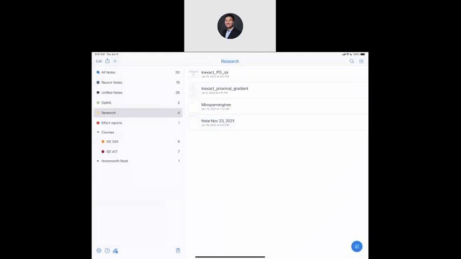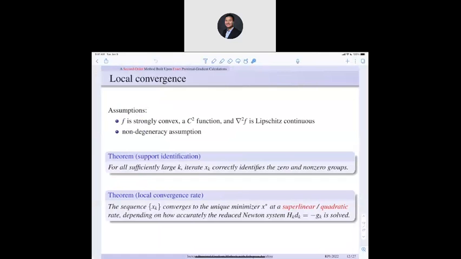That's what the support identification result is about. It says that for sufficiently large iteration k, our algorithm will generate an xk that correctly identifies the 0 and non-zero group structure. It is worth saying, though, that to get that result, we do need to make a non-degeneracy assumption, but these assumptions are fairly standard throughout optimization. Without them, it's very difficult, sometimes impossible, to prove any kind of support identification result.